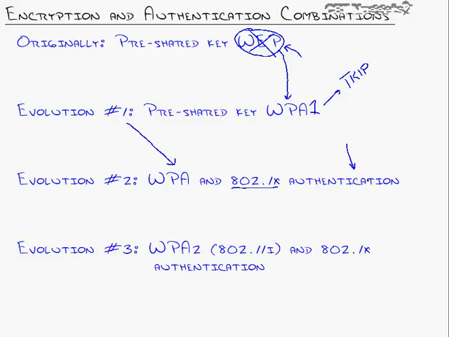Here's the idea. We wanted a method that did away with this pre-shared key system. When a laptop or wireless device, this is my pathetic drawing of a laptop, joins the network and goes to the access point, rather than checking to see if it has the same pre-shared key installed, it will pass a username and password to the wireless access point, which will then pass it to some server.